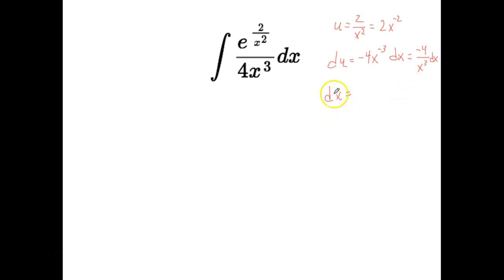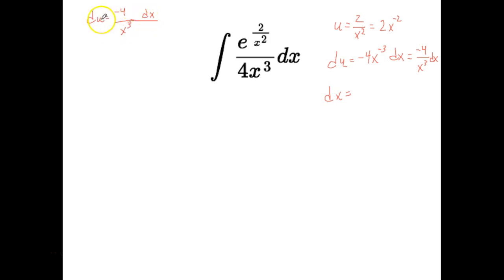Now here's where some people are going to get a little confused, because we now need to solve for dx, right? So here, I'm going to do this over here. What I have is du is equal to negative 4 over x cubed dx, right? Now, don't get confused here. This dx, I've been writing it off to the side, but it really is just part of the numerator, okay? So I need to solve for dx.